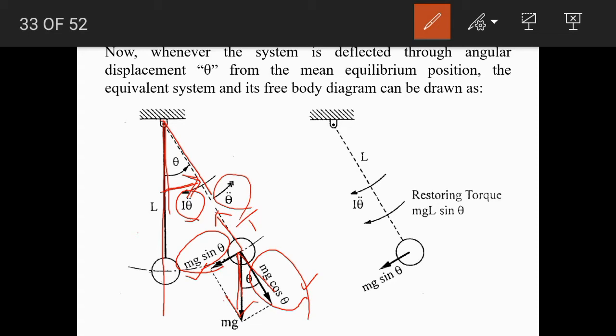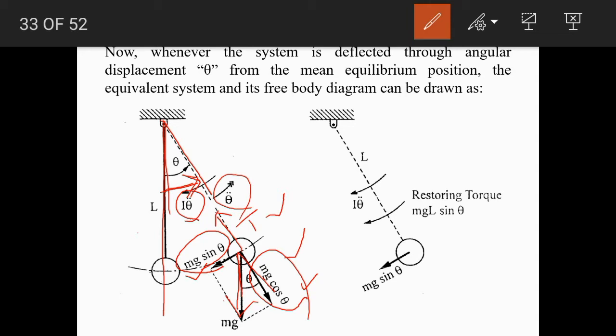Now the radial component mg cos theta and the tension in the pendulum T are going to neutralize each other, as they have the same line of action and the same magnitude but opposite sense.